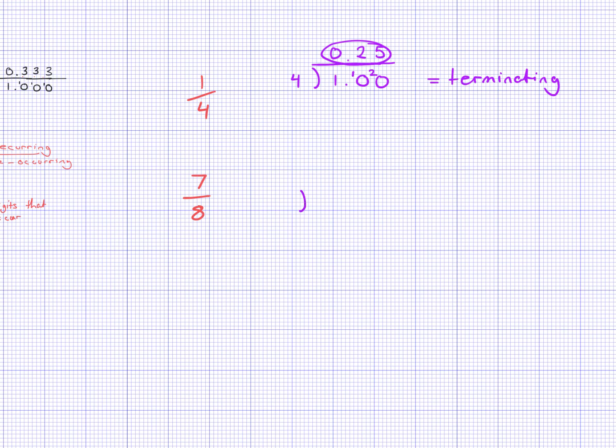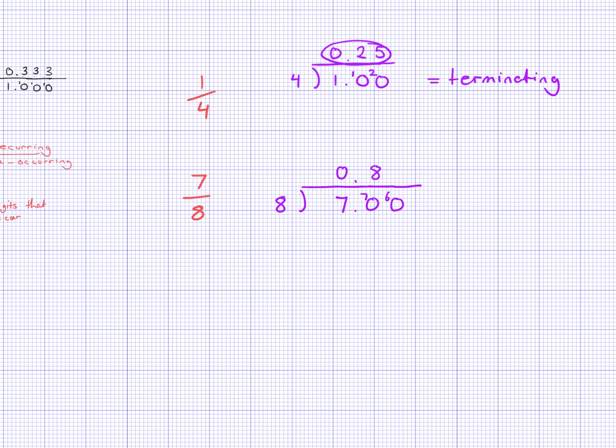Now for 7/8, hopefully you've given that a go as well. We've got 7 inside, 8 outside. How many 8s are in 7? There are none, with 7 left over. How many 8s are in 70? There should be 8, because 8 8s are 64, 6 left over.